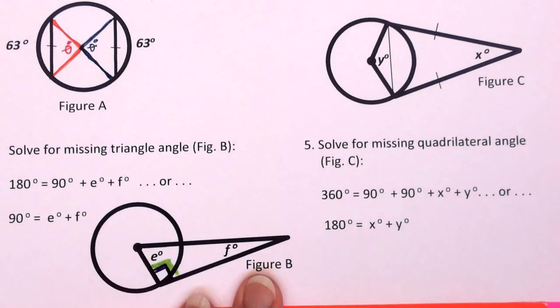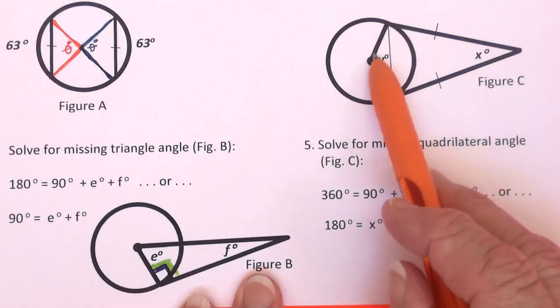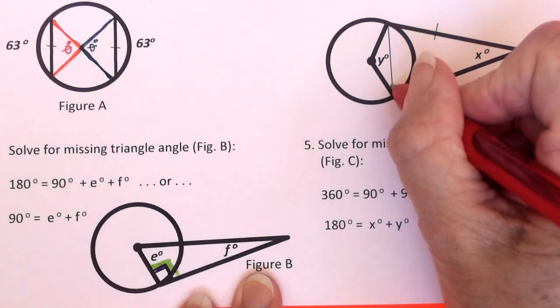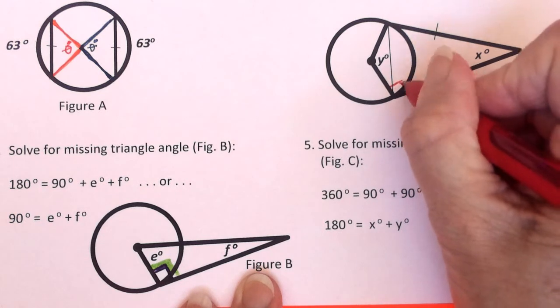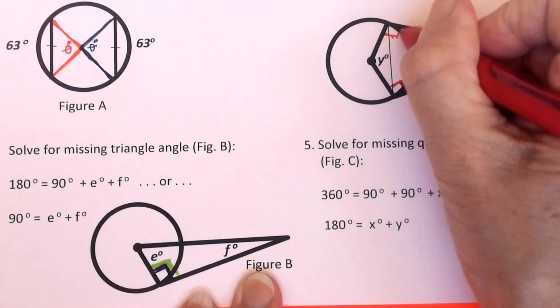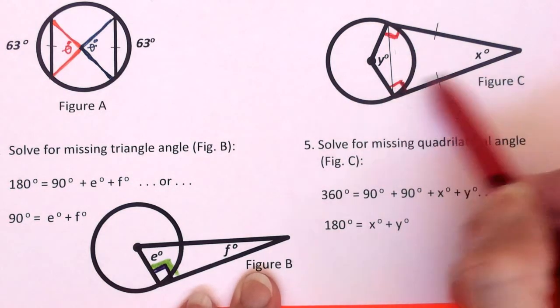So in figure C, you know that all 4 angles on this kite-shaped quadrilateral have to add up to 360 degrees. You know that you have a 90-degree angle where this radius met this tangent and this radius met this tangent. So there's 180 of your 360.